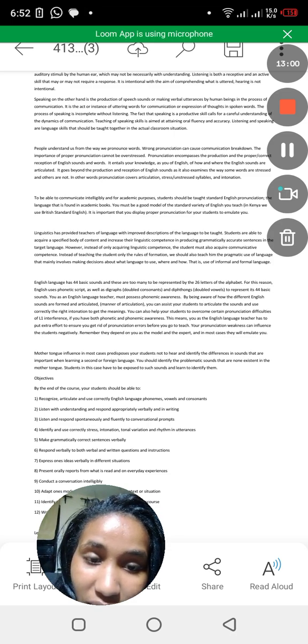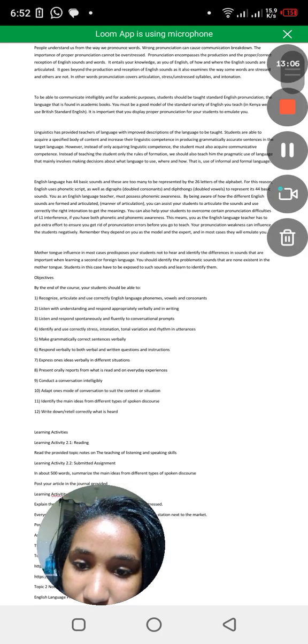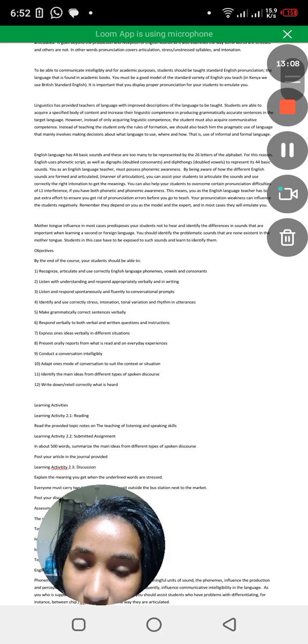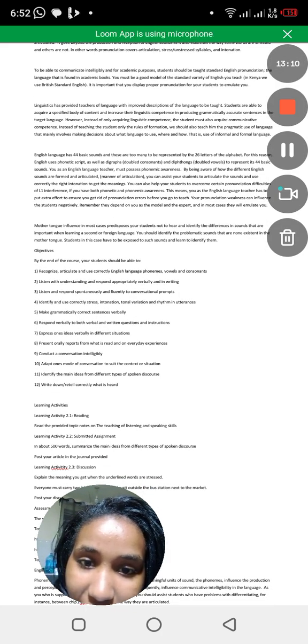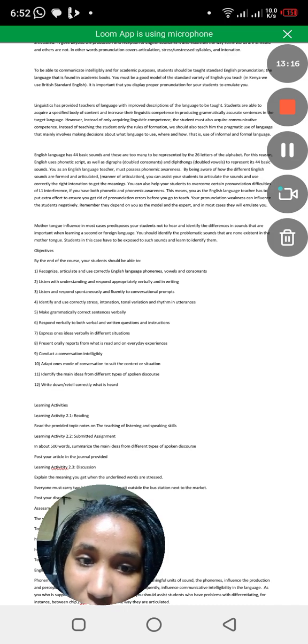Identify and use correct stress, intonation, tone variation, and rhythm in utterances. Make grammatically correct sentences verbally. Express ideas verbally in different situations. Present oral reports from what is read and on everyday experiences. Conduct a conversation intelligibly.